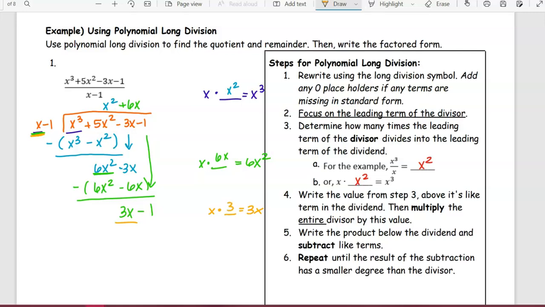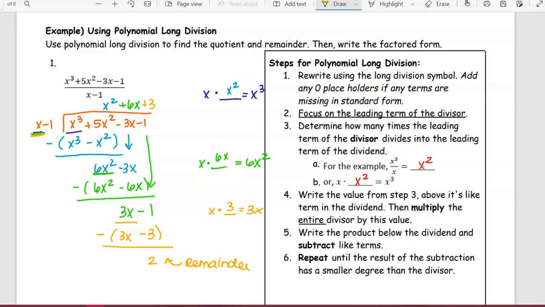And now we'll multiply. 6x times x is 6x squared. 6x times negative 1 is negative 6x. Parentheses, subtract. 6x squared minus 6x squared, that's 0. Negative 3x minus negative 6x. Two negatives make a positive, so it's really negative 3x plus 6x gives me 3x. And then I bring down minus 1.